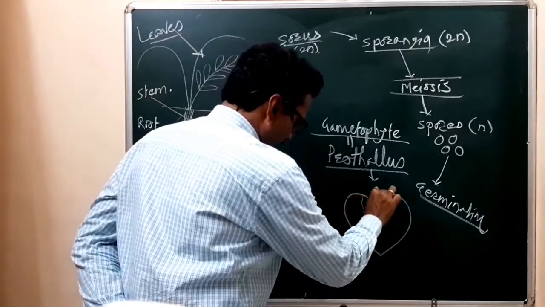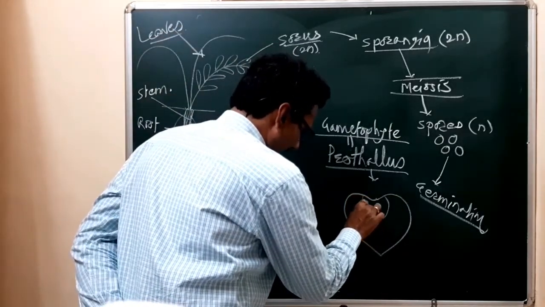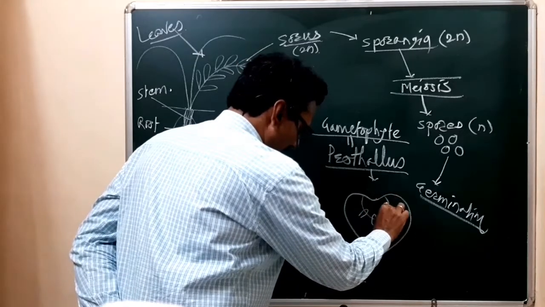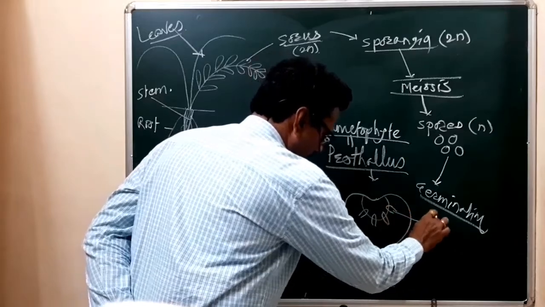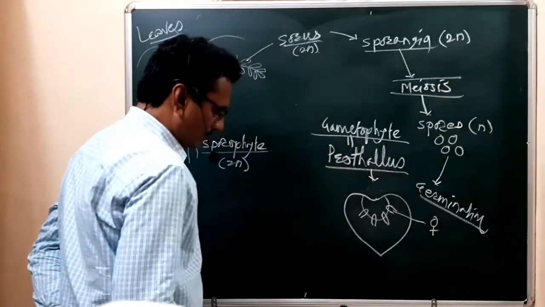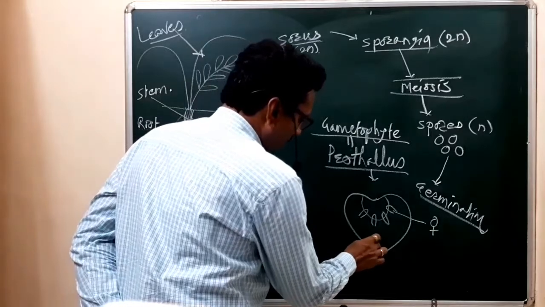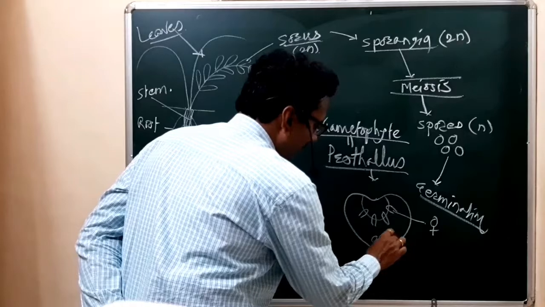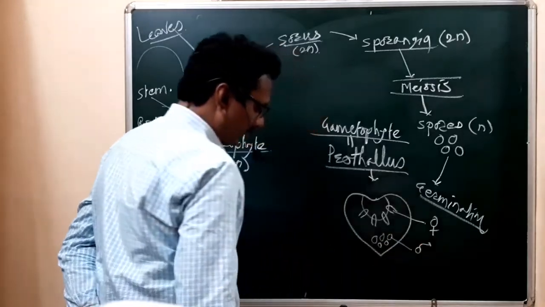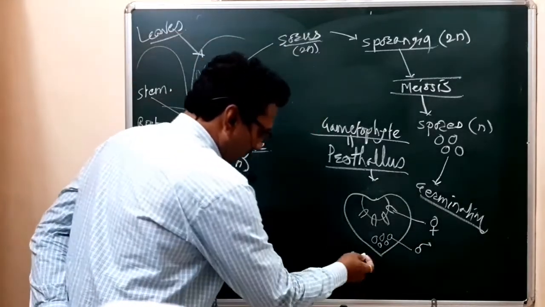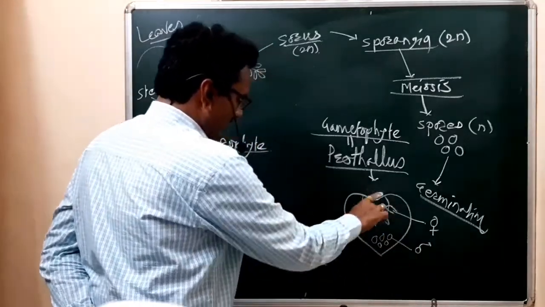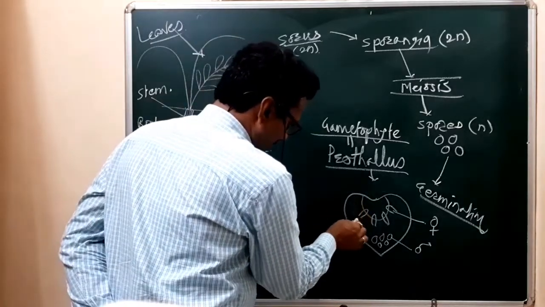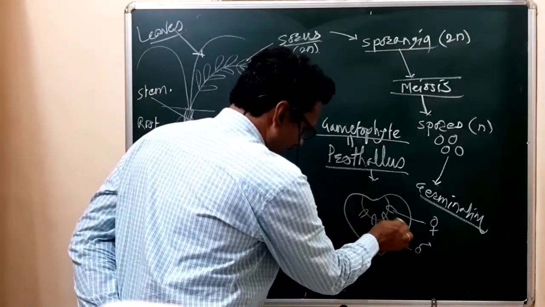So what do they produce? A female sex organ. Here is the female sex organ, and towards its narrow side they show the presence of the male sex organ. No doubt this prothallus is a gametophyte, and all this structure has photosynthetic tissue.